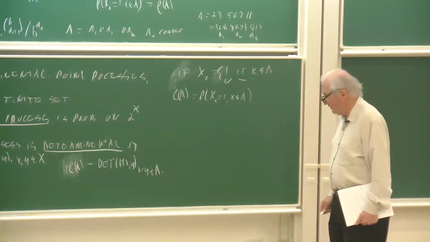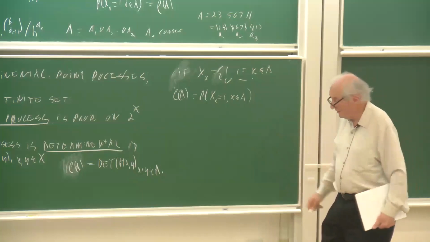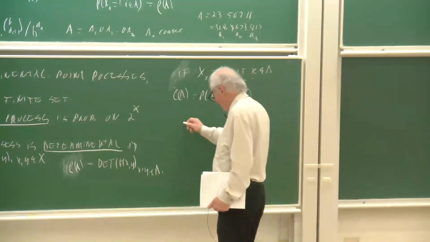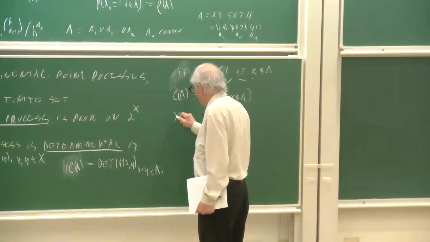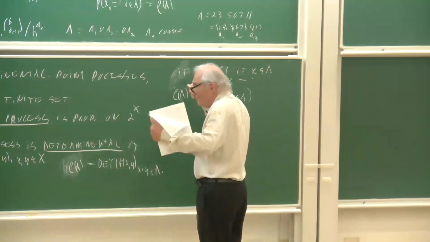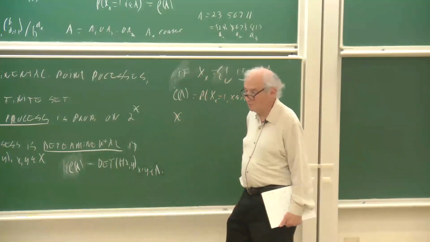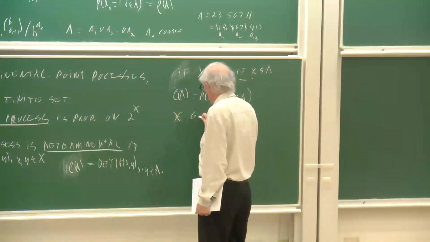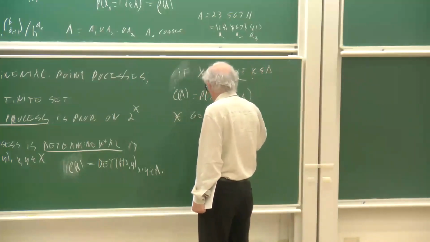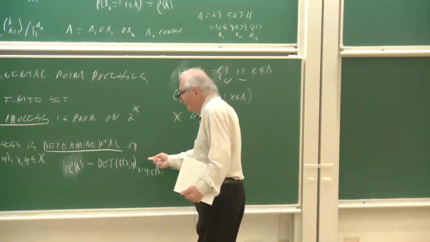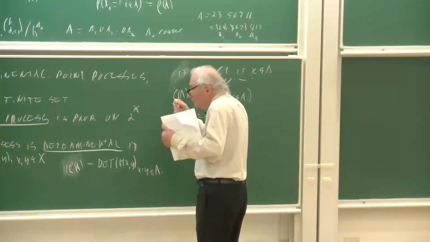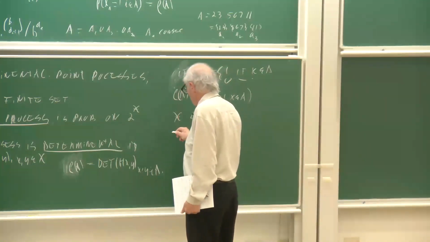And just because I'm going to do it in my examples, if X is a general space, a measurable subset of a Polish space, something like that, it's exactly the same definition. You have to do the math a little more carefully.